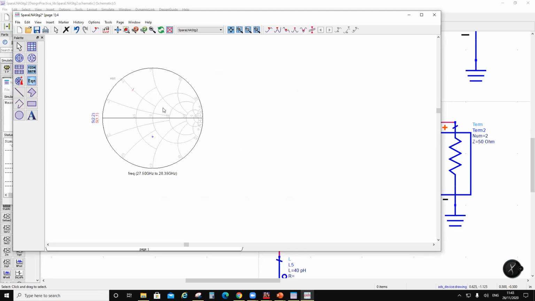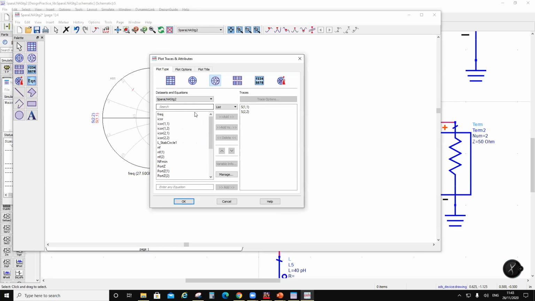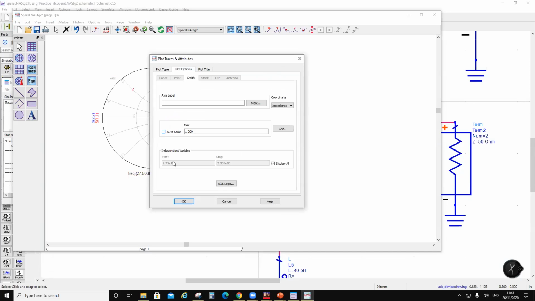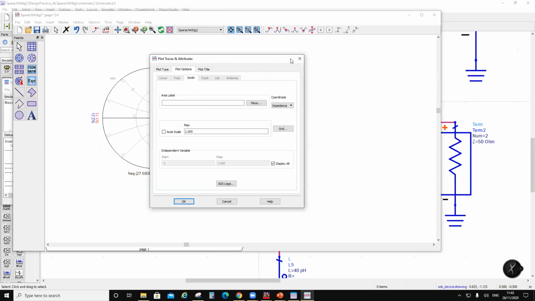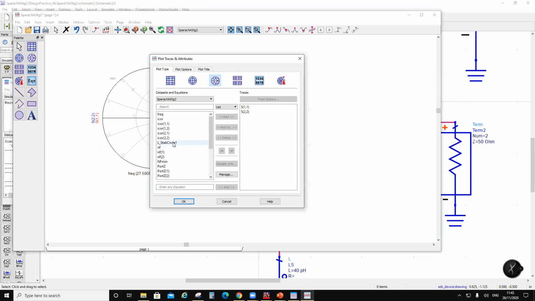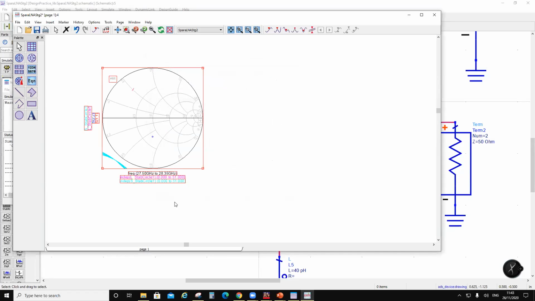Okay, next thing is I want to look at stability circles, because I cannot live without stability. So what I'm going to do here is put stability circles: load stability and source stability. Okay, so they are outside. I'm not bothered.